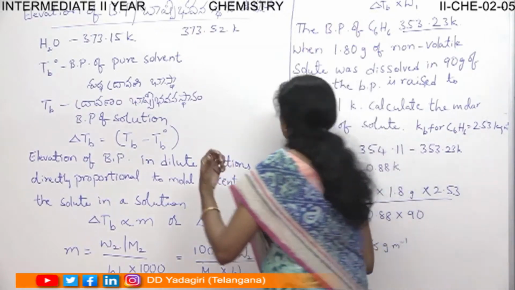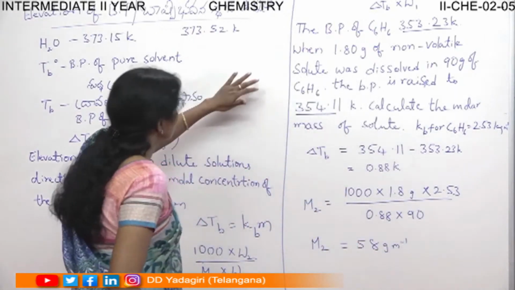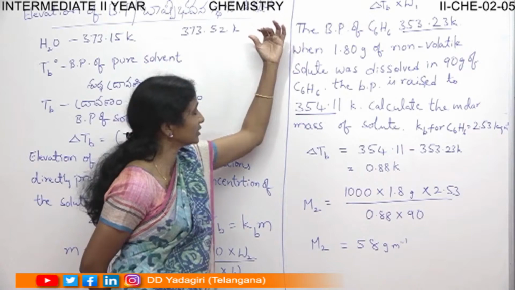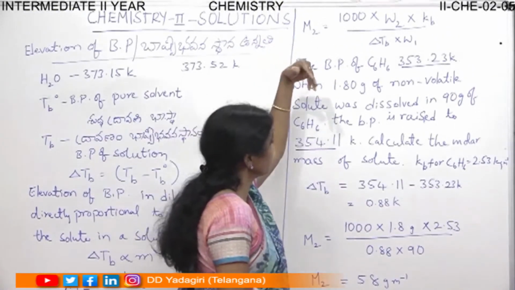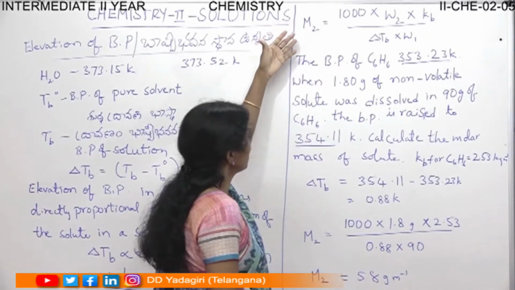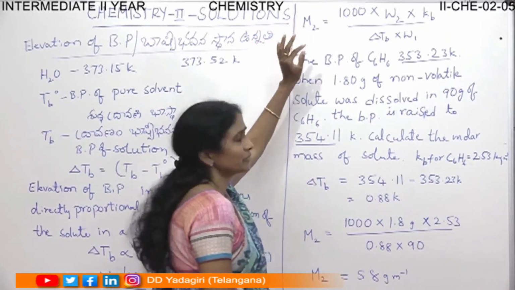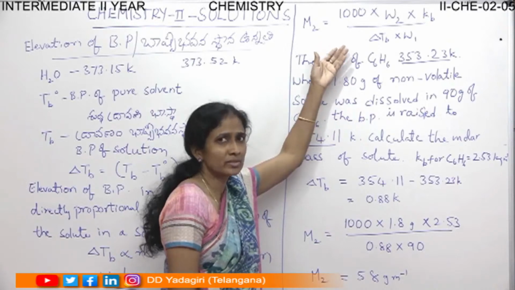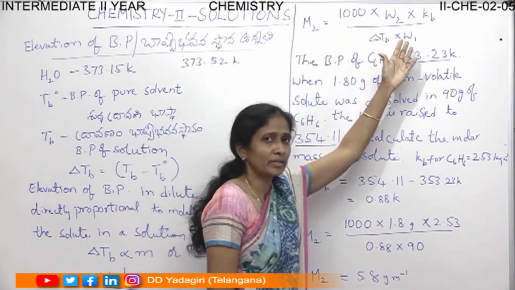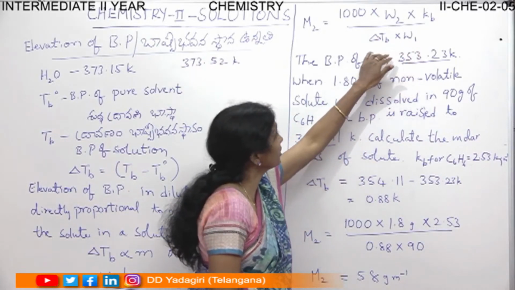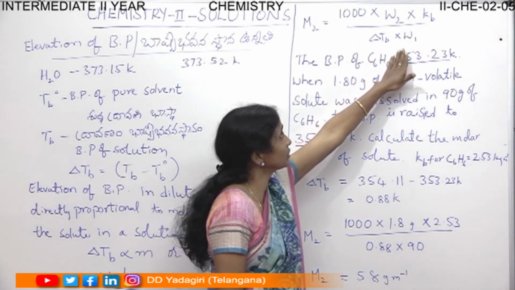Fine. Next, if we have to find out M2, what is the formula we are going to use? M2 is the mass of solute. M2 equals 1000 into W2 into Kb by delta Tb into W1.